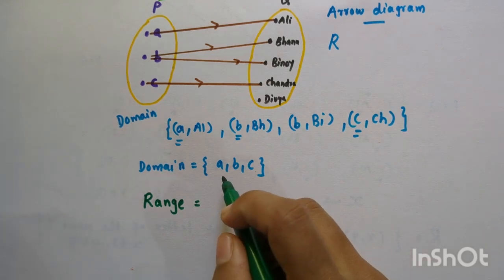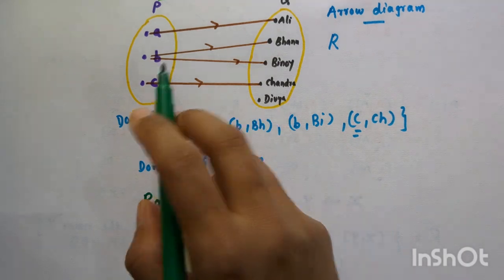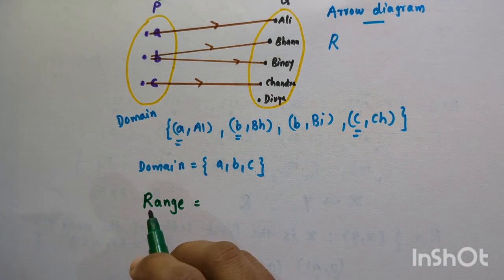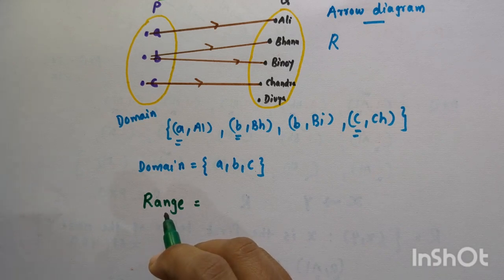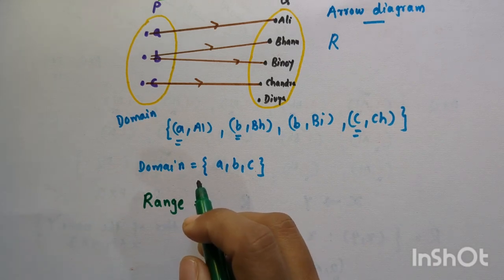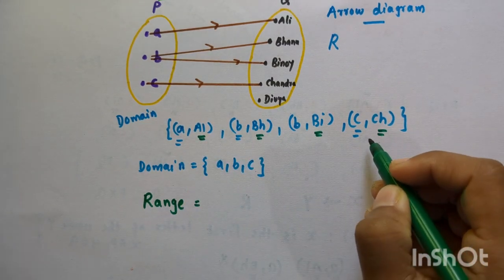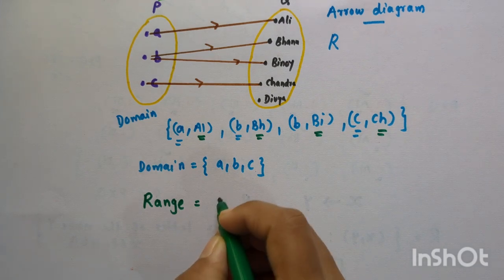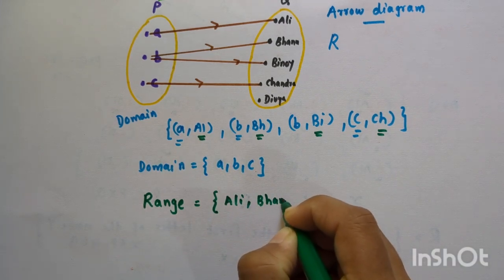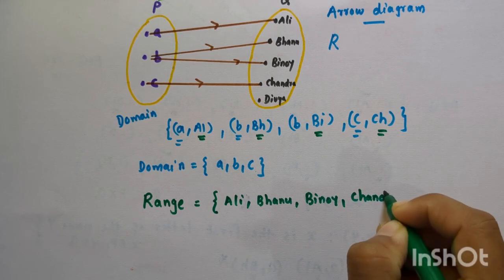Now, the set of all second elements in a relation R from a set P to a set Q is called the range of the relation. Which are the second elements in this relation? Ali, Banu, Binoy, Chandra. So the range will have these elements: Ali, Banu, Binoy and Chandra.